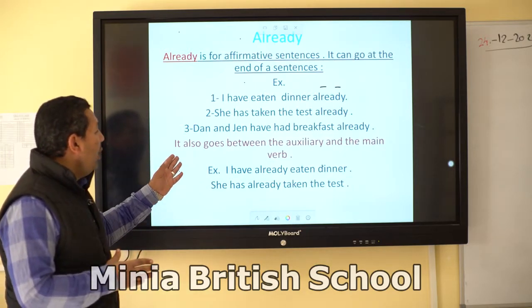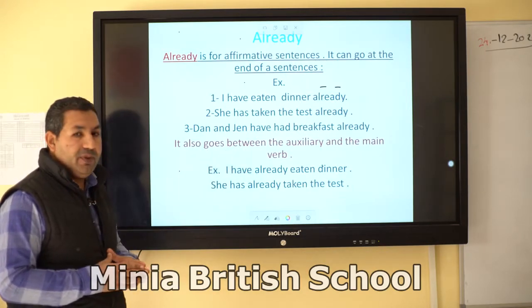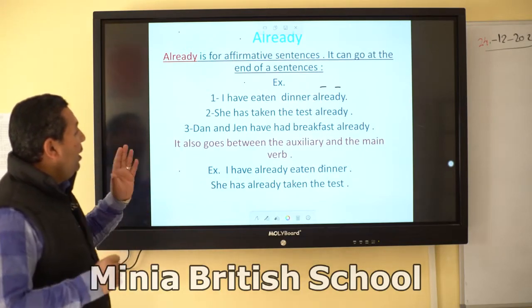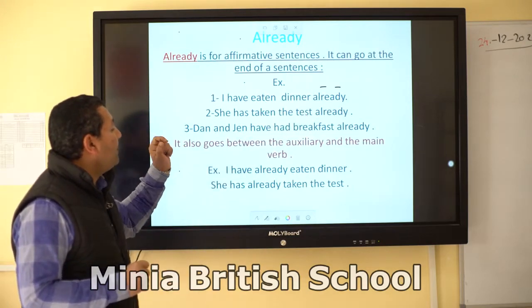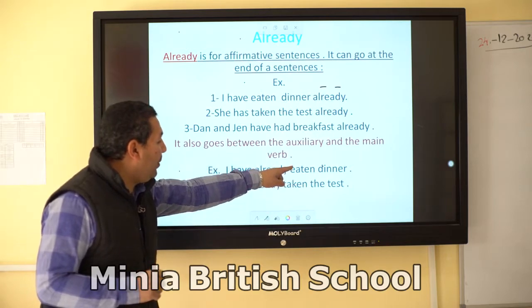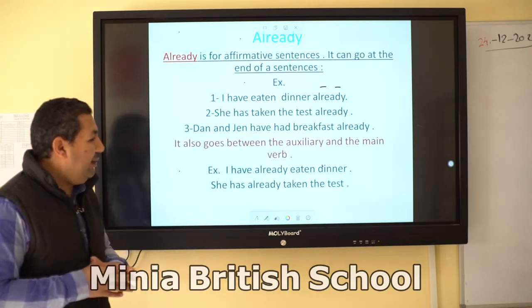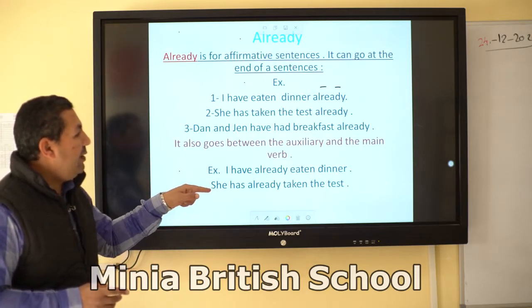Already also goes between the auxiliary and the main verb. So it has two positions in the sentence. The first one at the end of the sentence, and the second one is between the auxiliary have or has and the past participle. For example, I have already eaten dinner. She has already taken the test.